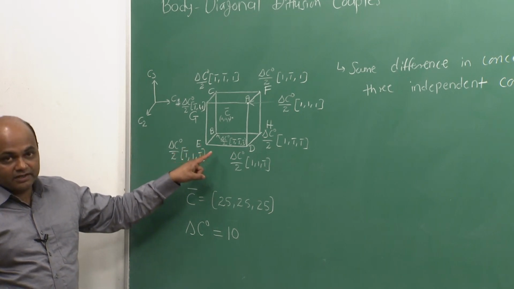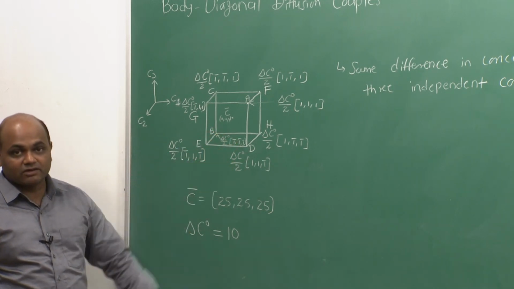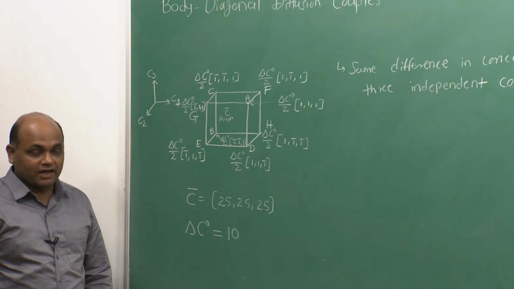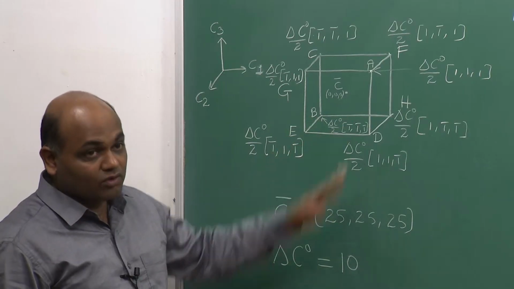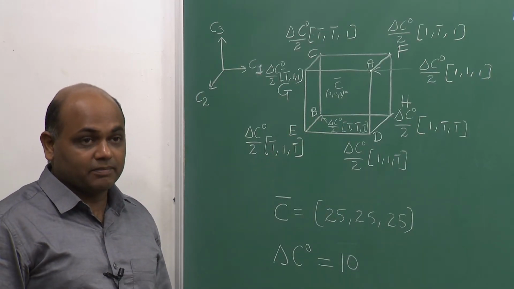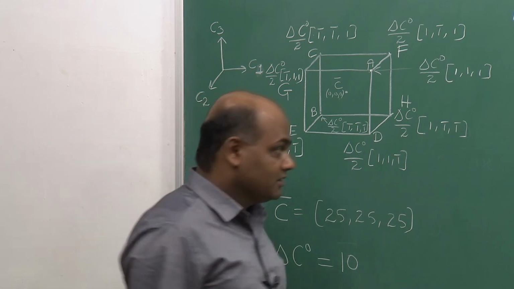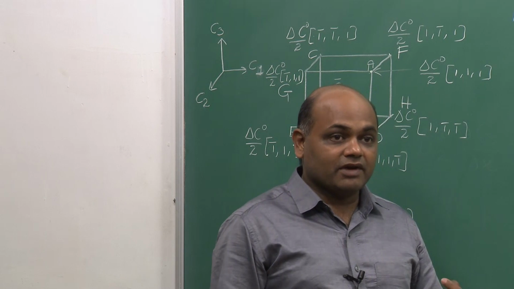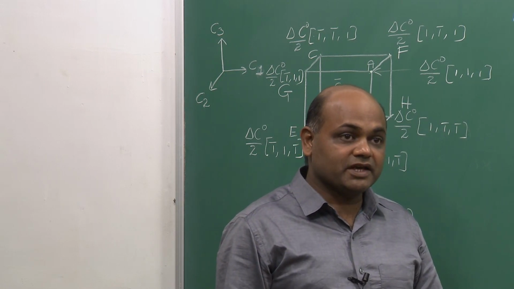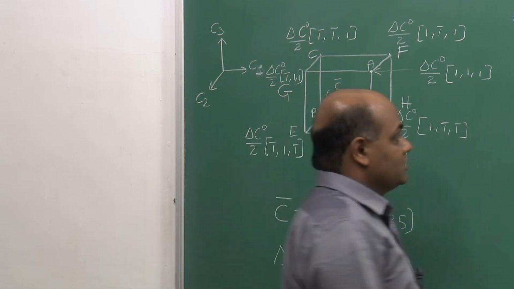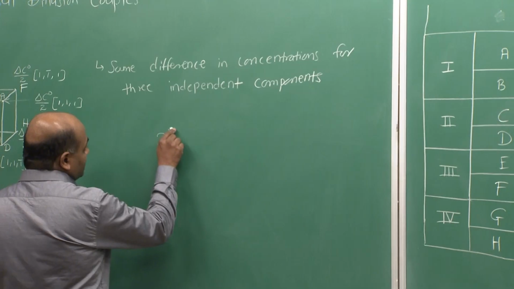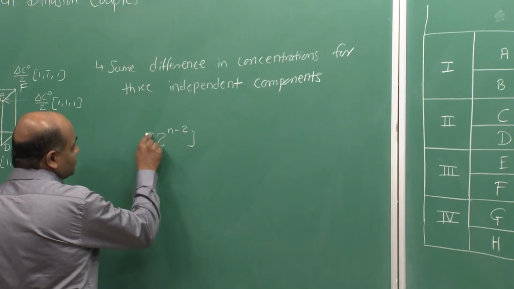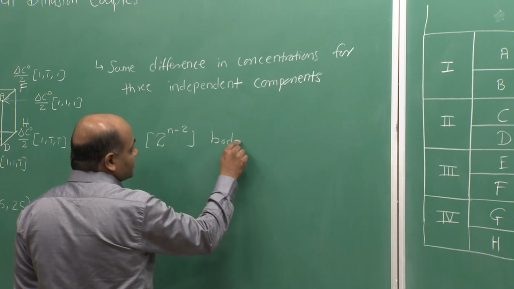Like in quaternary, there was a 3 dimensional composition space, and we can get 4 body diagonal diffusion couples. In an n component system, we have n-1 dimensional composition space, and there would be 2 to power n-2 body diagonals possible.